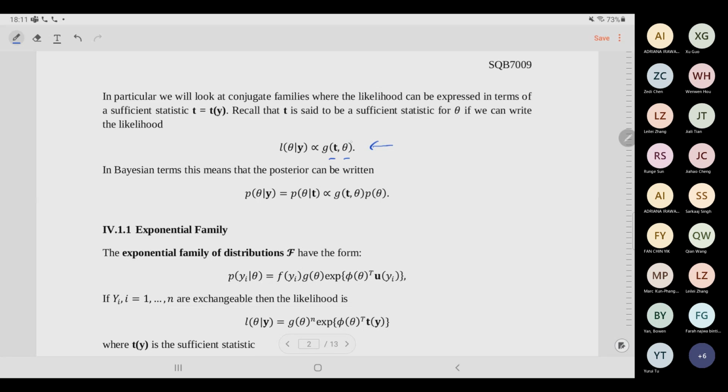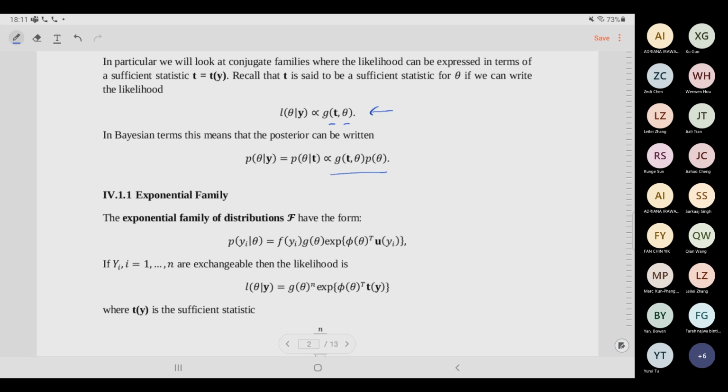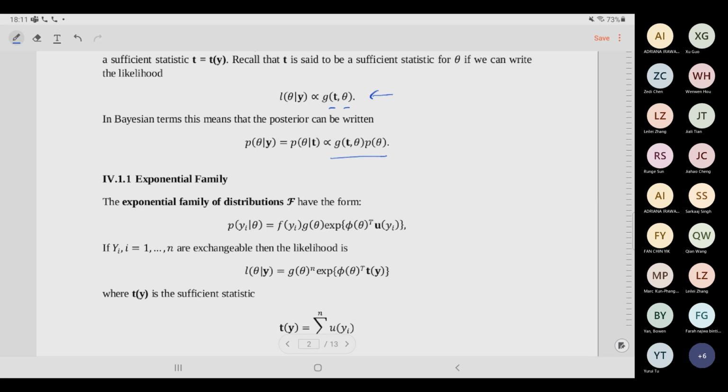This means that your t is a sufficient statistic. So if you rewrite your likelihood in this function g, then your posterior can also be rewritten in this function g, meaning it's going to be g of t and theta times your prior p of theta, which is your likelihood multiplied by your prior. Then you look more into the details of the exponential family.